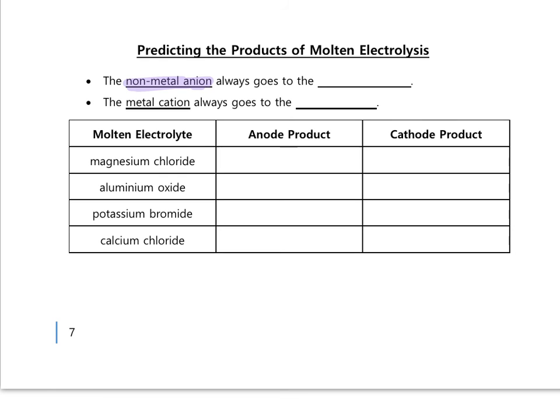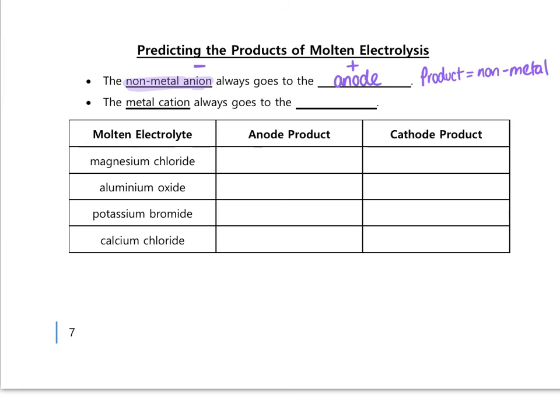An anion is negatively charged, and so that always goes to the positive electrode, which is the anode. So what we're saying here is that at the anode, the product is always a non-metal. Because the anode is always positive, and because in an ionic compound, the negative ion is always the non-metal.